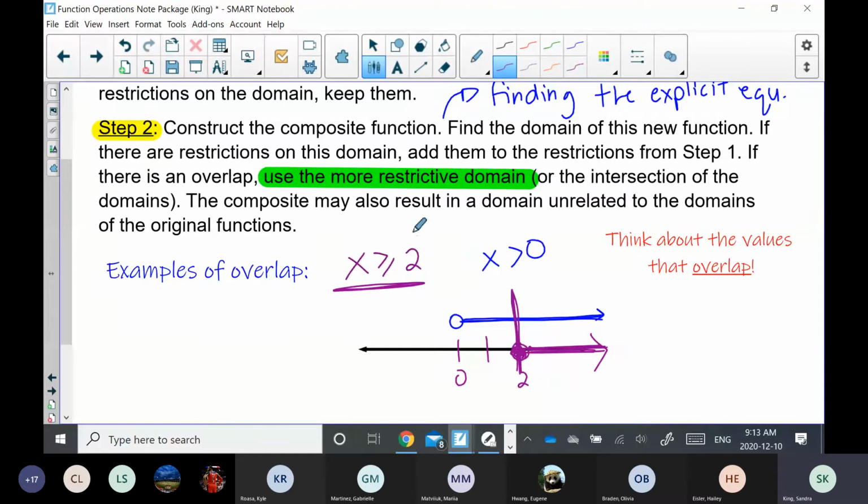So if we had these two domains, the new domain of the explicit function would be where they overlap, which is x is greater than or equal to 2. So between these two, this is the new domain. It's where the overlap is. I'm going to show you 2 examples of finding the domains.